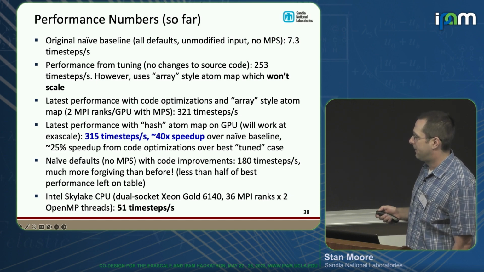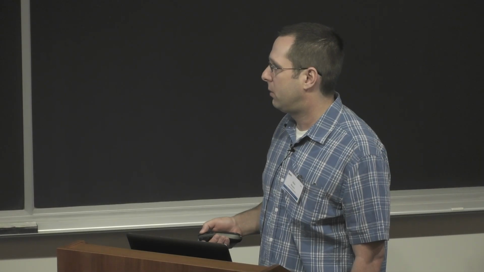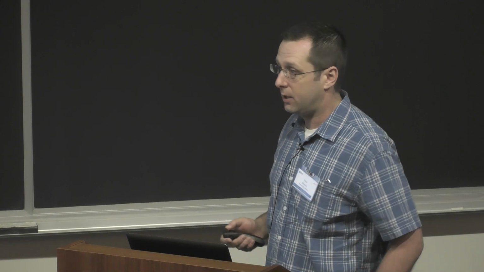So we're significantly faster on the A100 GPU versus a full CPU node. I will also mention that tuning the bin size for the CPU gave a small performance improvement, and so perhaps the defaults in LAMMPS aren't optimal for either GPU or CPU, and we might want to look at modifying the default in the input script.